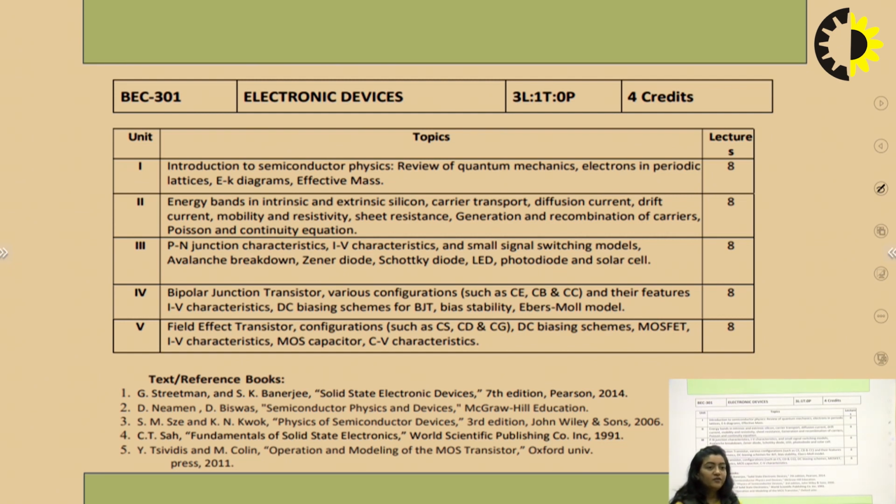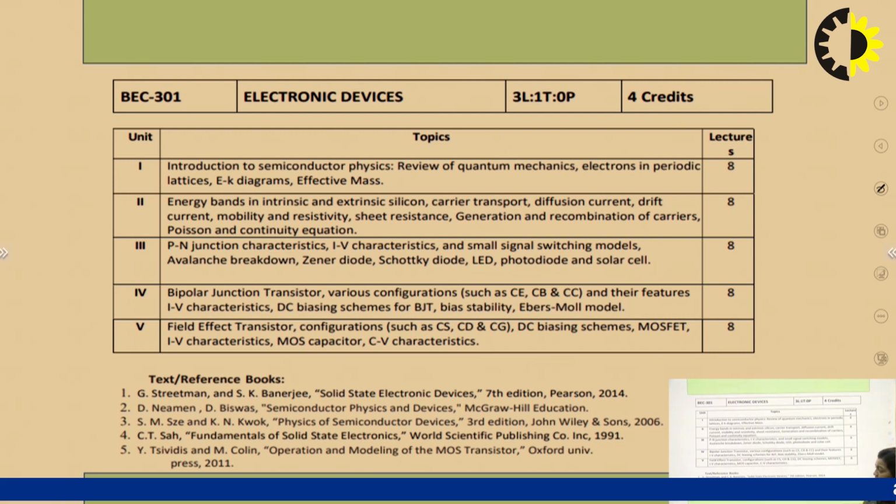Then in the fifth unit we will see another such transistor, the field effect transistor, which is an improvement over BJTs in terms of power consumption and logical interpretations. I will recommend that we use Banerjee's Solid State Electronic Devices as a reference textbook.